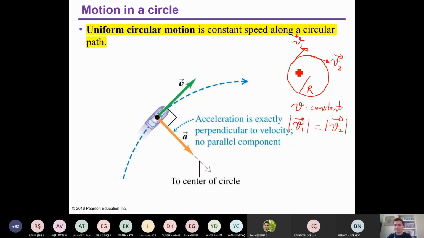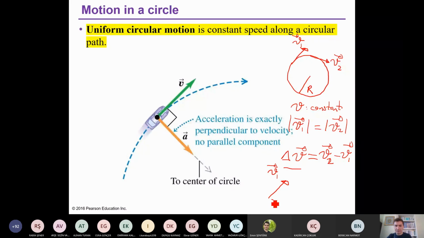If you try to calculate delta v, which is given by v2, the final velocity, minus the initial velocity, right? This is vector subtraction. So by subtracting these two vectors, you can calculate delta v. Now let's calculate delta v. This is the direction of v1 and its magnitude, and this is v2.